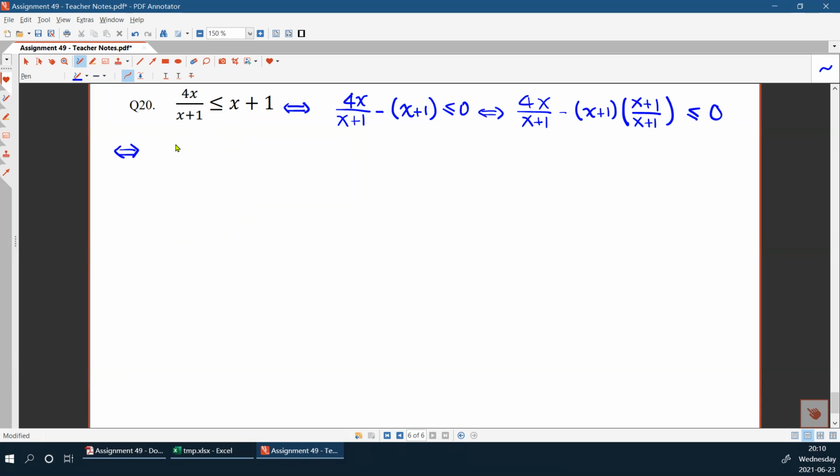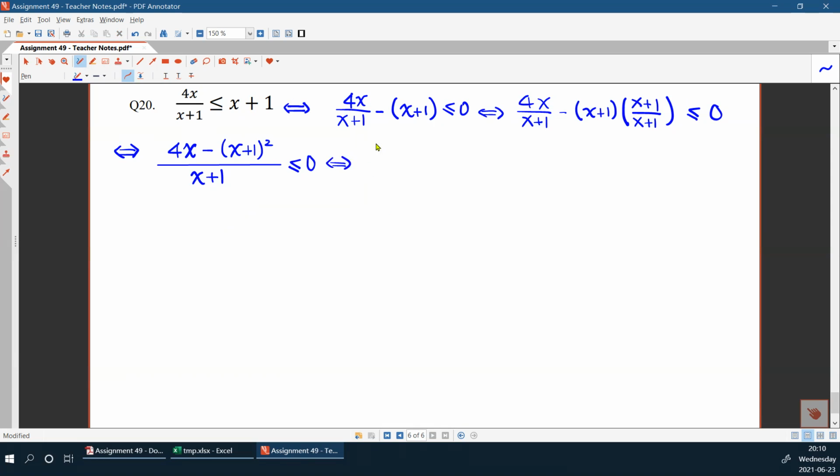Okay, so the numerator is 4x minus x plus 1 squared, right? And the denominator, of course, is x plus 1, smaller than or equal to 0, right?